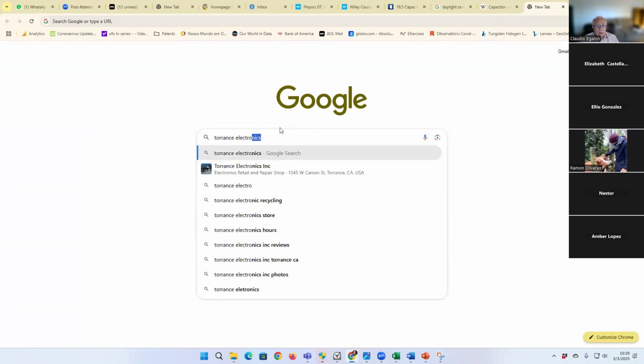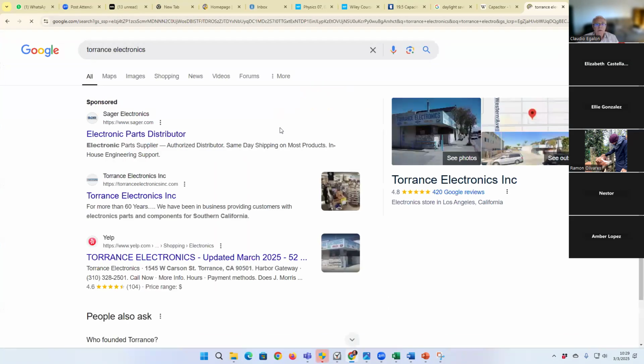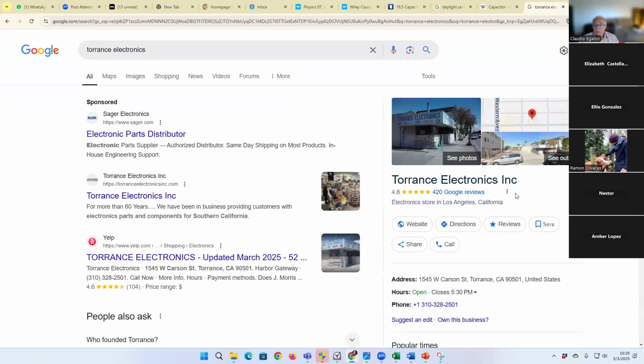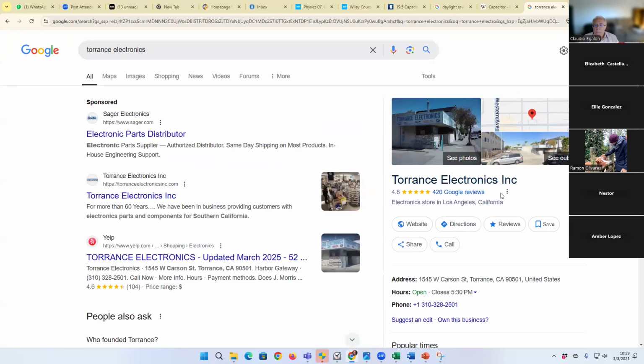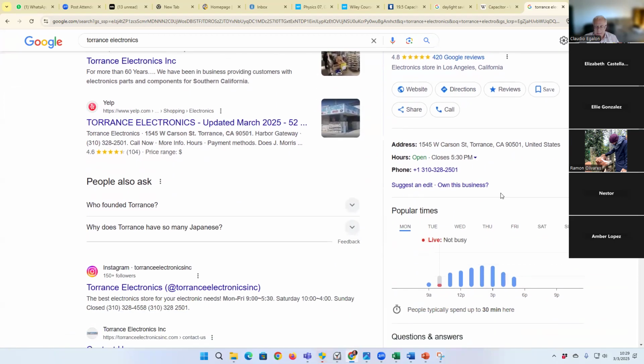On Carson Street. Lawrence Electronics on Carson Street. It's just nearby the 101 exit to Carson. 1545. I used to buy some stuff in there. The last time I was there was a long time ago, maybe 3 or 4 years.